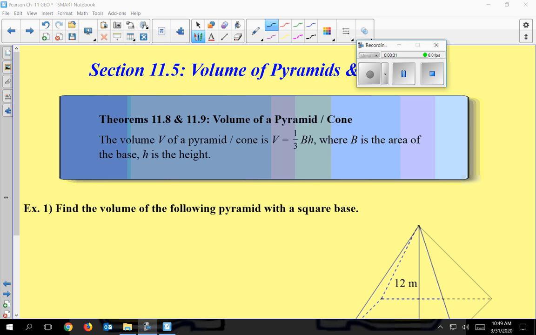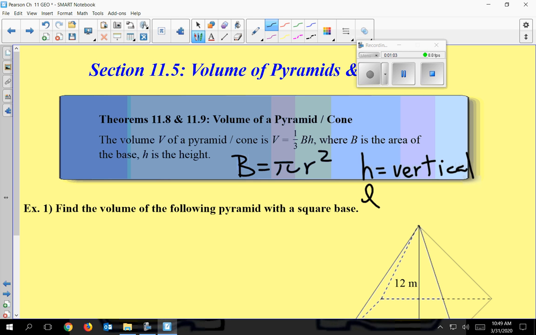The same kind of thing with pyramids and cones. We're going to have the same formula basically, but remember, for a cone, my base is going to be a circle. So we just have to remember that the area of a circle is pi r squared. Height also needs to be vertical. There's a chance here that with pyramids and cones, to get a vertical height, they might give me a lateral height.